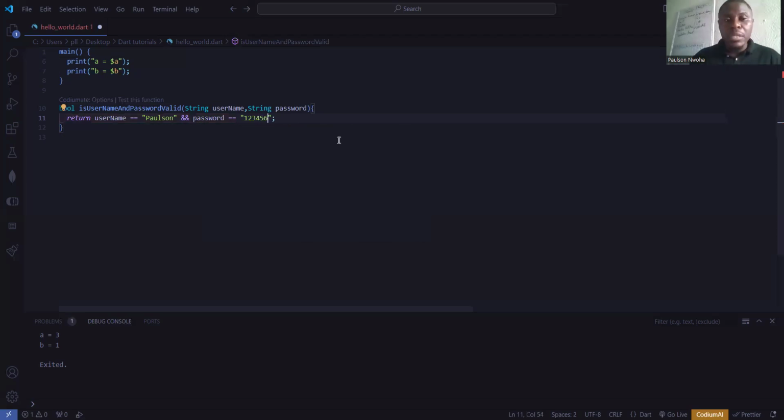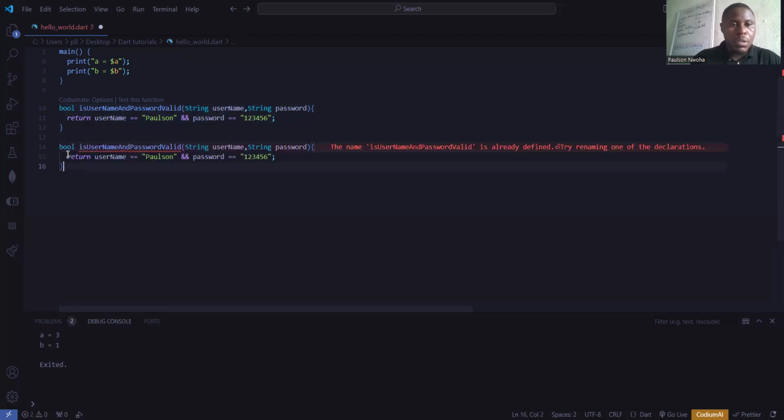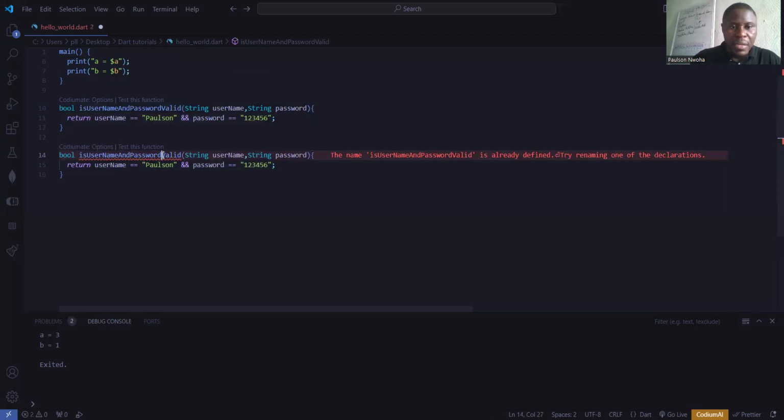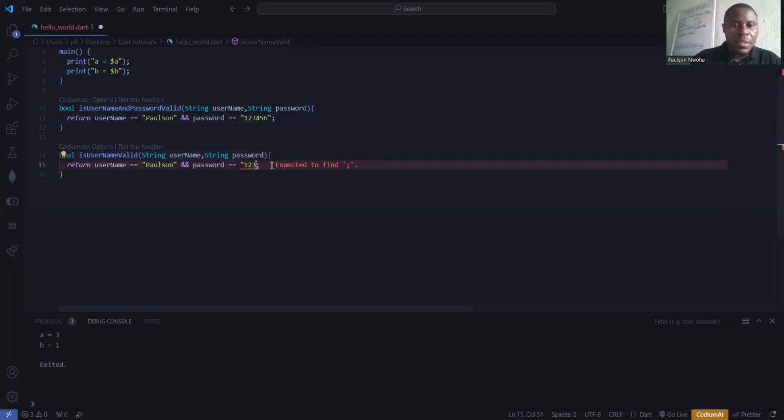In as much as I'm hard coding the values of the username and the password, the point I'm trying to make here is this. Look at this function now. It is doing two things at a time. It is checking whether the username is valid, and it's also checking whether the password is valid. You should break it down. Instead of having this, you should have isUsernameValid, and then you now have another function that will validate your password.